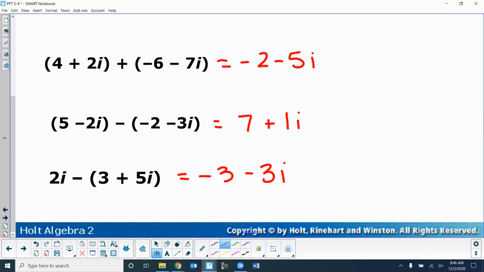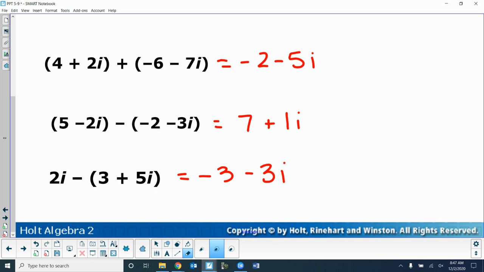Some people would do this. Can we do that? No. Could we do it if that minus sign wasn't there? Yeah. Since that minus sign's there, we can't think about distributing it. You can distribute the negative if you want to think about it that way.